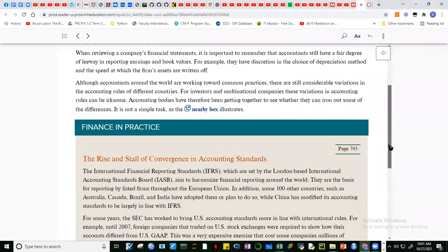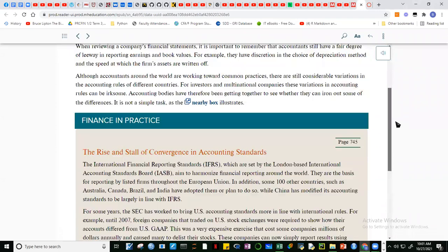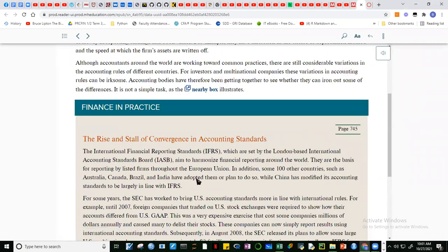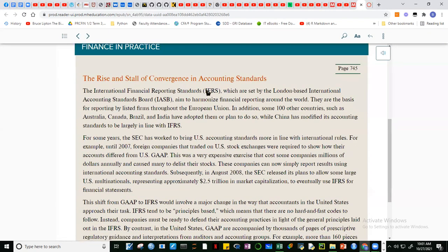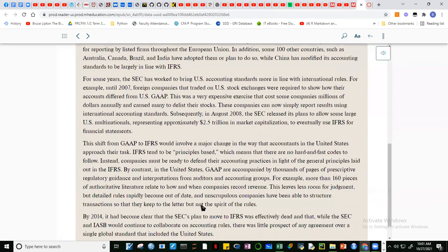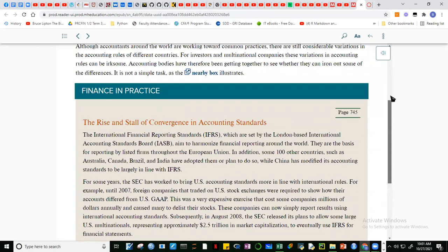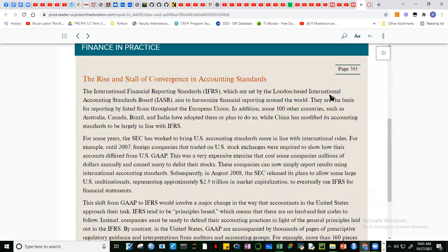But by the way, guys, before I forget, I think I failed to continue with this one. This 28.2 talks about some reporting standards, the IFRS as compared to the US GAAP. Kindly read about this because there was a move to standardize the balance sheet, the income statement, the financial statements, because when you go to different countries, they have their own standards.